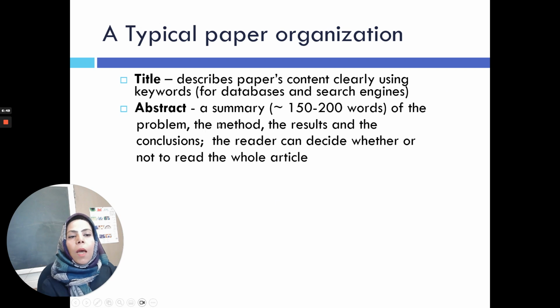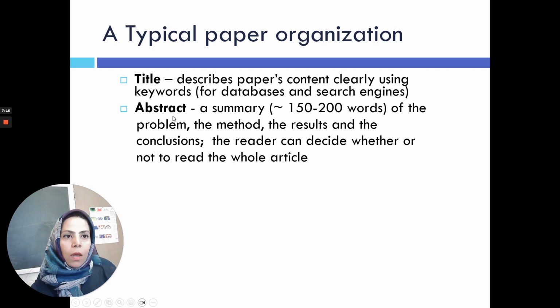Normally the abstract will contain a summary of what problem the researcher was trying to solve, what method they used to find the solution to that problem, what the solution is, what the results are, and what the conclusion was. The reader can decide whether or not to read the whole article just based on the abstract.